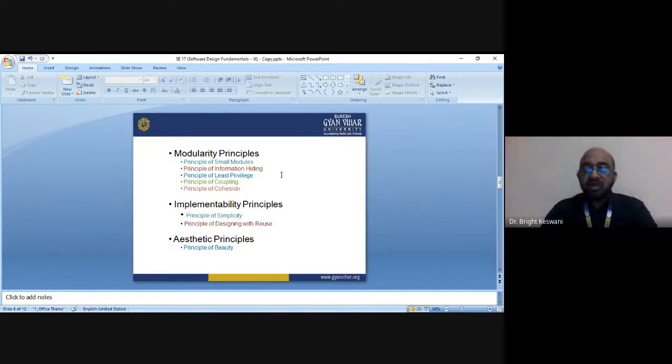Okay, so modules should not be too big. This is the ultimate goal of this principle: to keep a module small enough to be a conceptually simple, comprehensible unit.